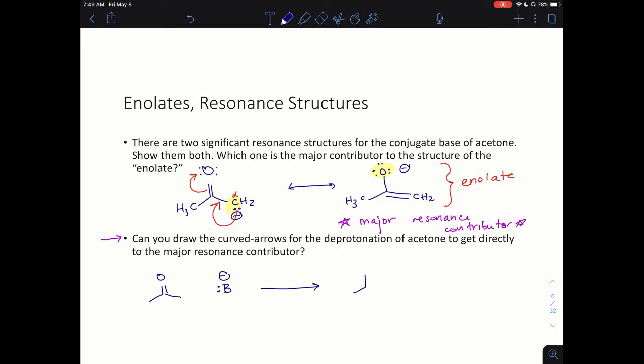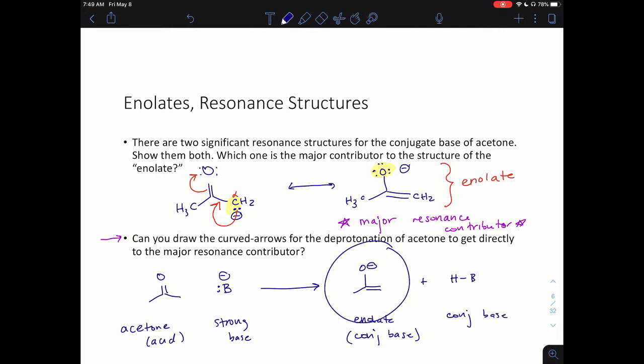And this time I really want you to pause and try and draw the curved arrows for the treatment of acetone, which is going to act here as an acid, and this strong base to form the enolate, which is the conjugate base of acetone, and then the conjugate acid of the strong base. All right, draw in the curved arrows here, and you want to go directly to this resonance structure. Don't stop at this one. Go to the major one.